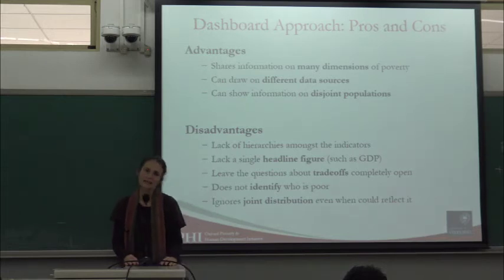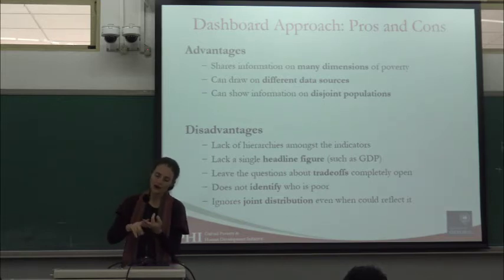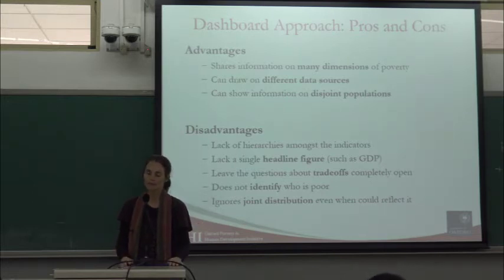A second is that basically they're unwieldy. If you start to talk to the press and the media and they ask you has poverty gone up or down, and you start to list off all of the different aspects of poverty and how they've changed, the journalist will walk away in a daze. It's too much information for them.